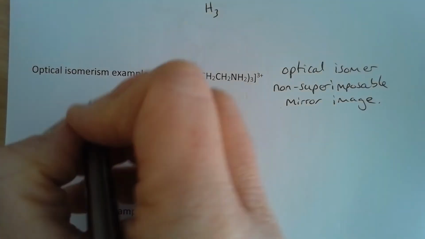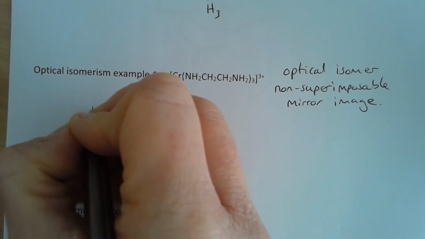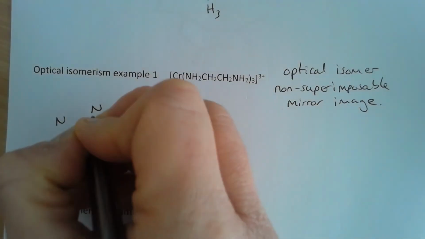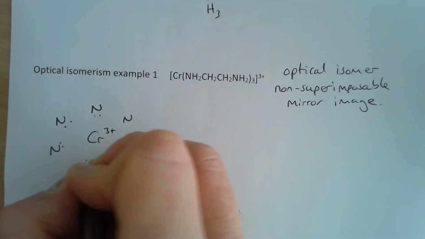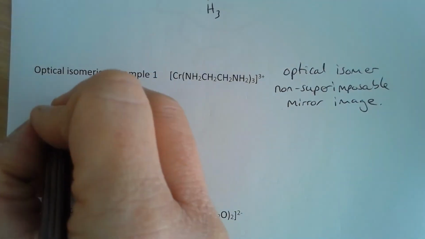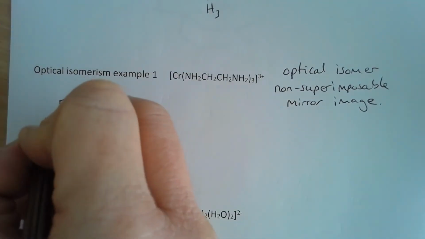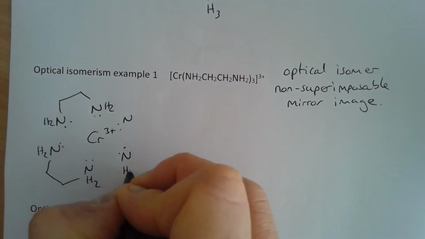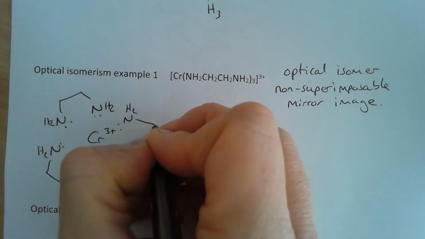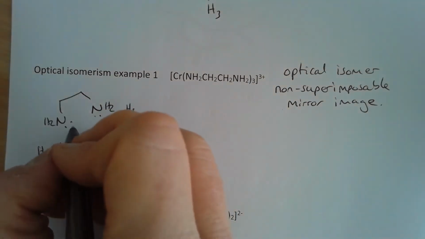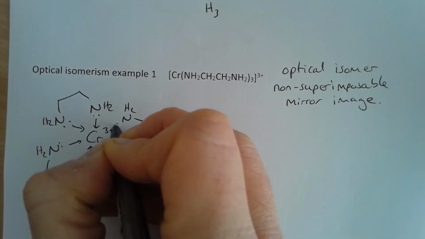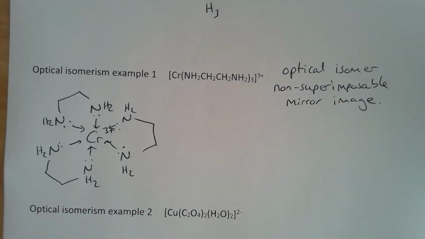So we've encountered this complex before. So remember, nitrogen, nitrogen, nitrogen, nitrogen, nitrogen, nitrogen, lone pair, H2, H2, H2, like that, and then add in my dative covalent bonds. Okay.